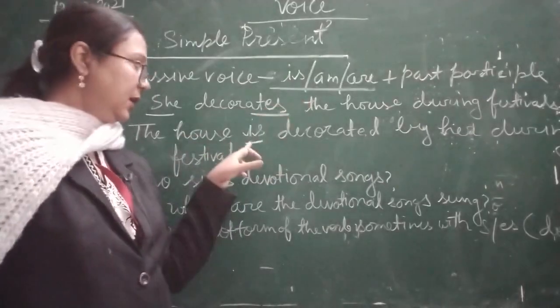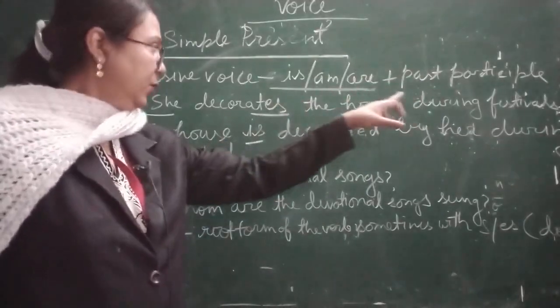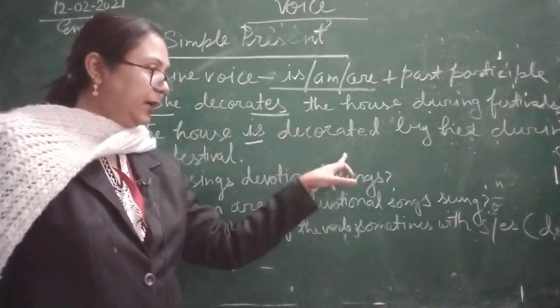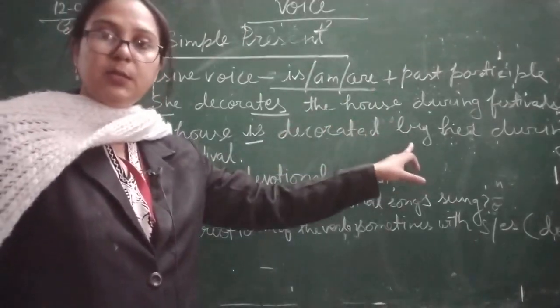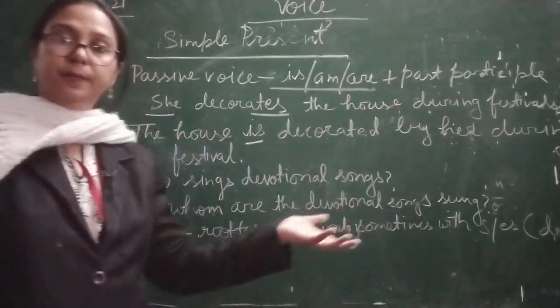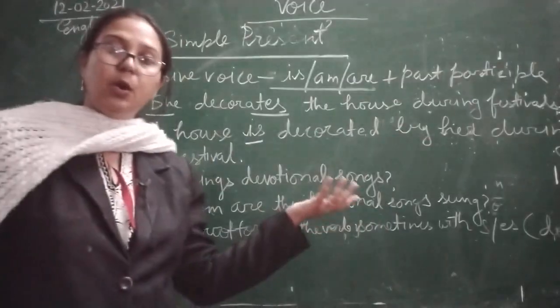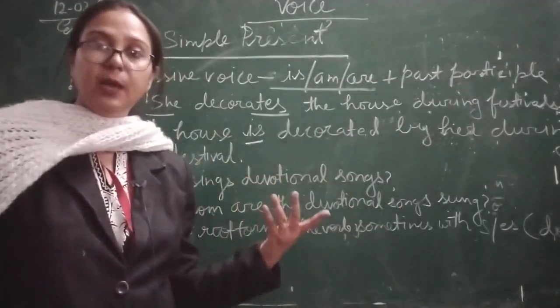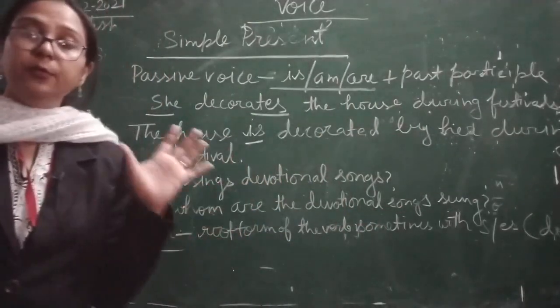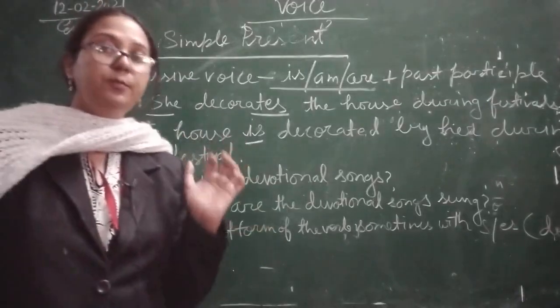Decorate becomes decorated as the past participle. By is the preposition we will use, and after that the subject. Subject becomes object and object becomes subject, as we have discussed earlier in our videos, and this is the formation of active to passive voice.